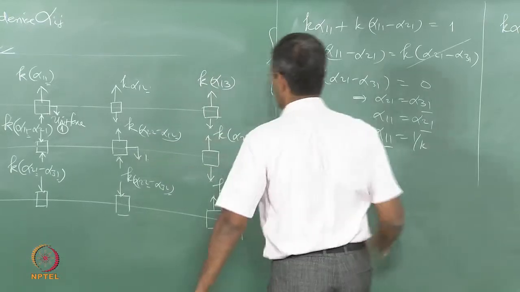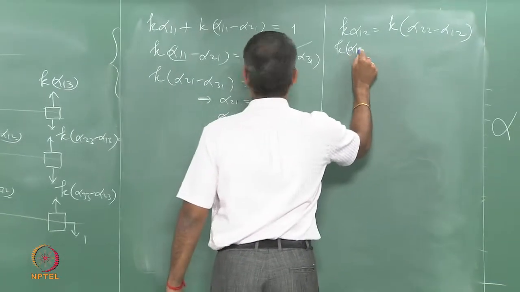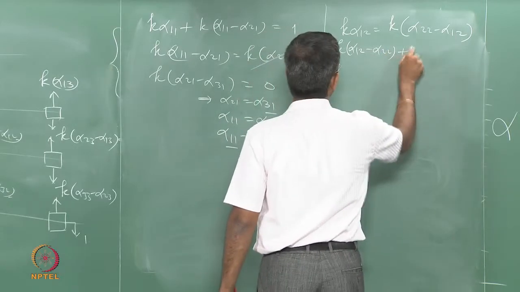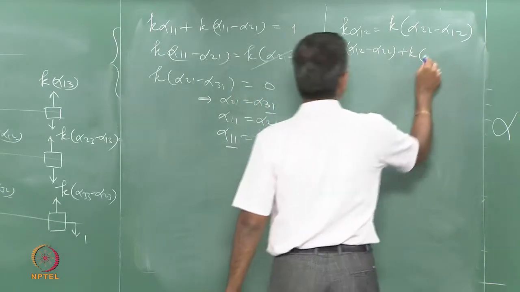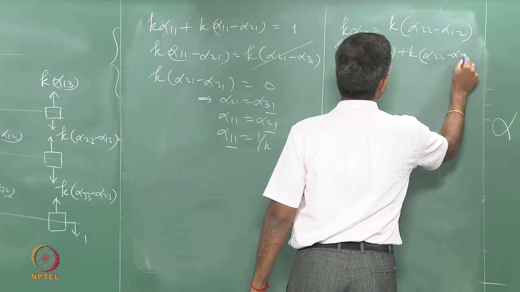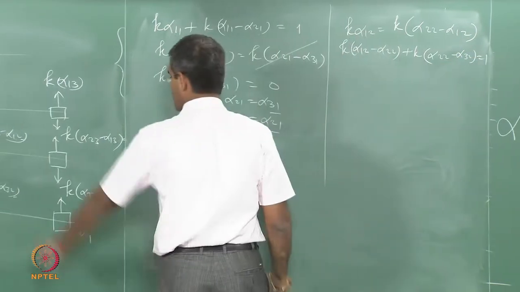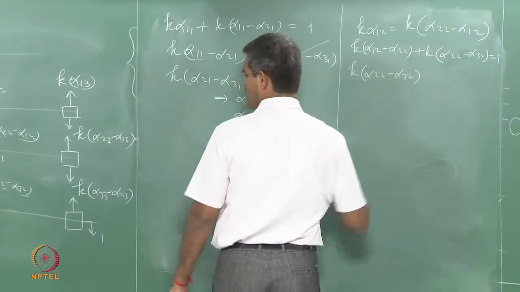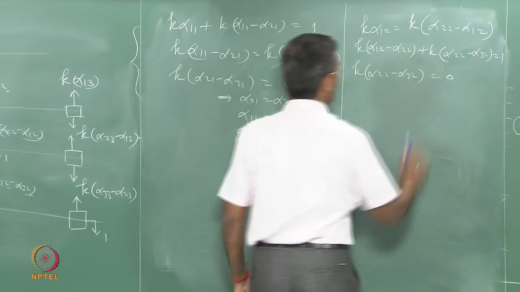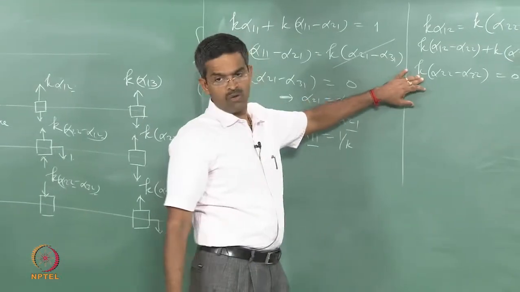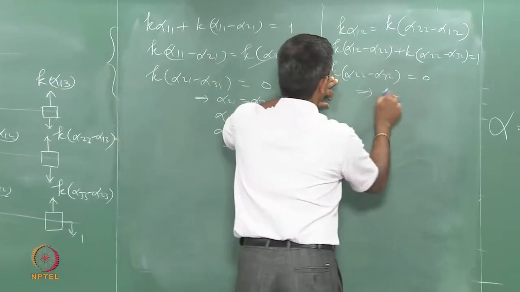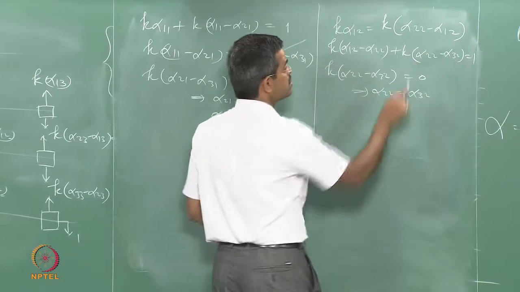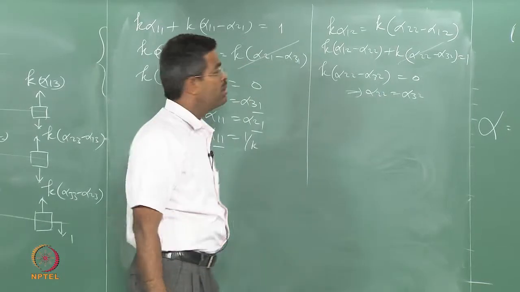Then here k of alpha 1 2 minus 2 2 plus k of alpha 2 2 minus 3 2 is 1. Then last k of alpha 2 2 minus 3 2 is 0, which implies that k cannot be 0. So, alpha 2 2 should be alpha 3 2. Substituting back in this equation, this term goes away because they are equal.